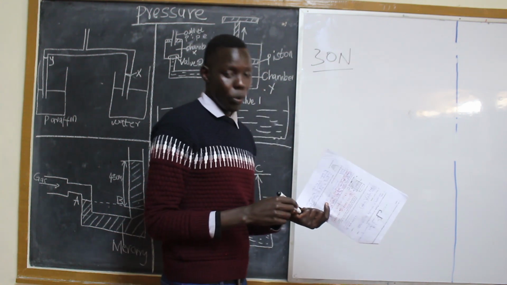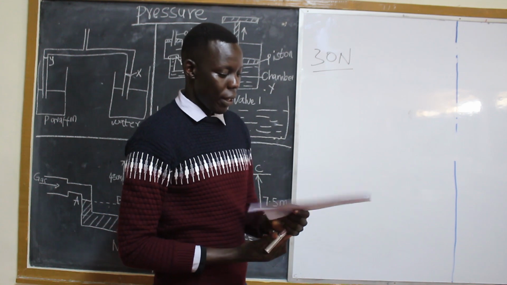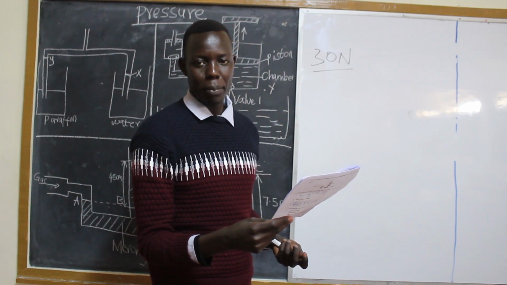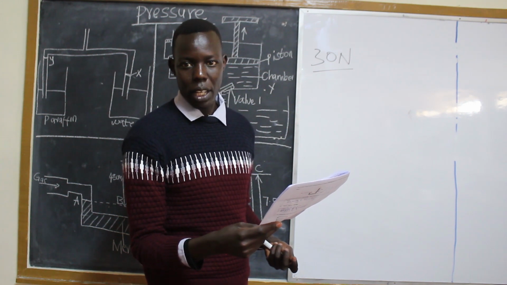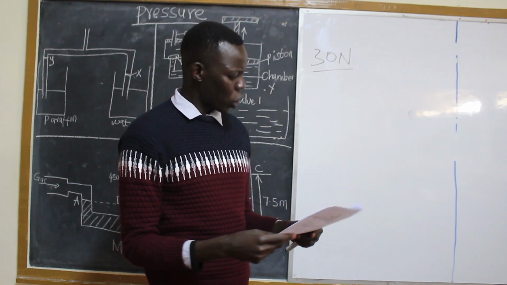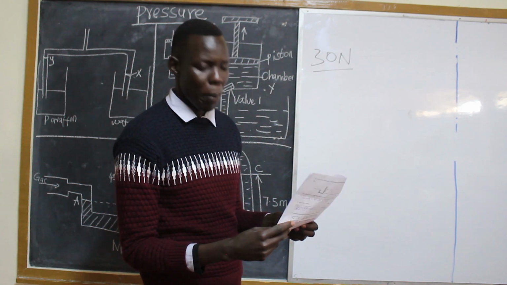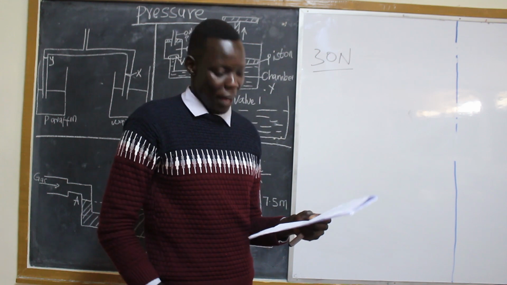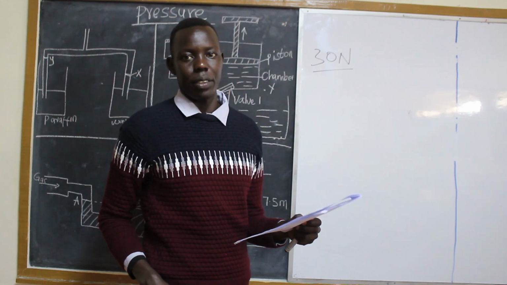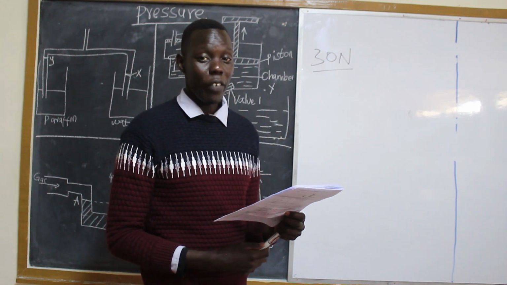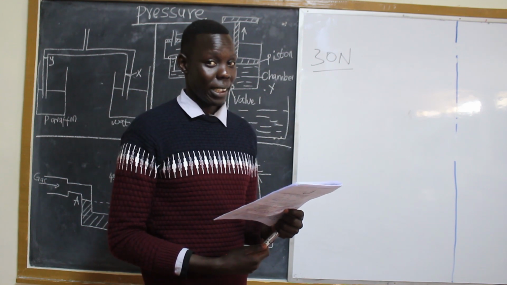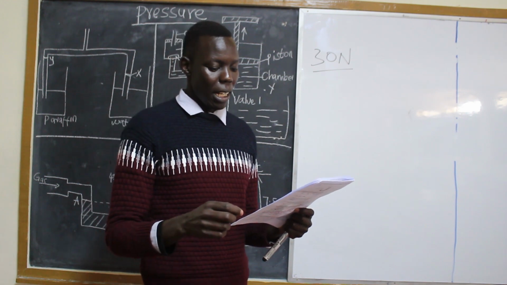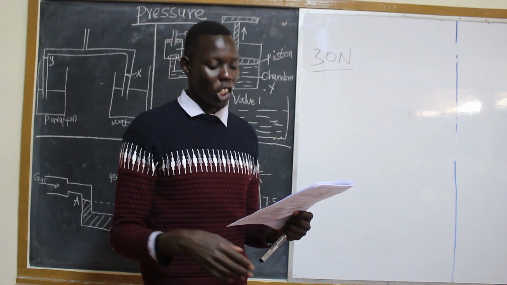30 newtons is the weight, which is acting as the force. Then, the dimensions were 8 by 10 by 15. Because the question wants us to give the least pressure, we pick the maximum area, which is 10 times 15. 10 times 15 is 150 centimeters square. Or, let's give it in meters: 0.1 times 0.15.